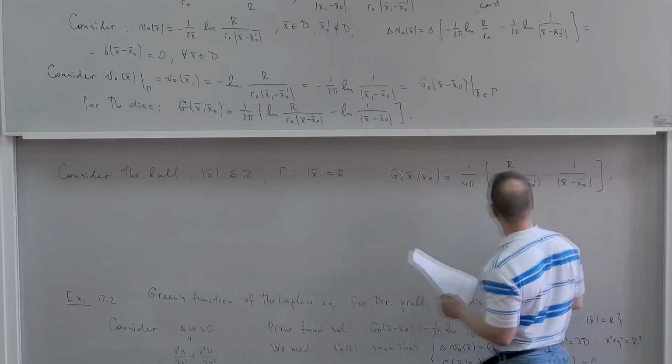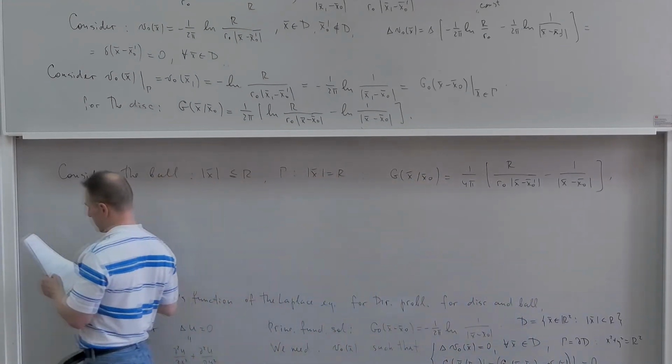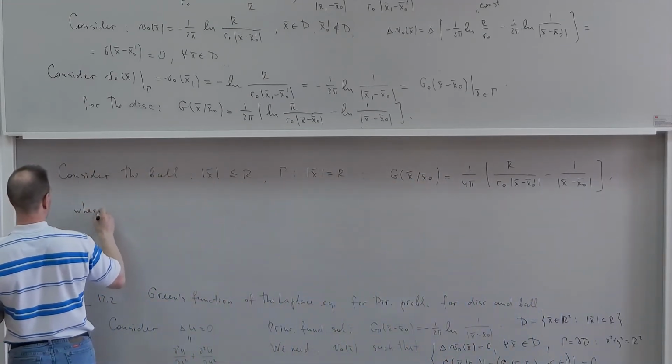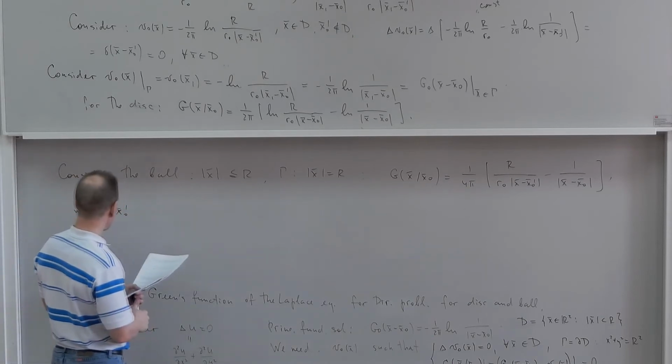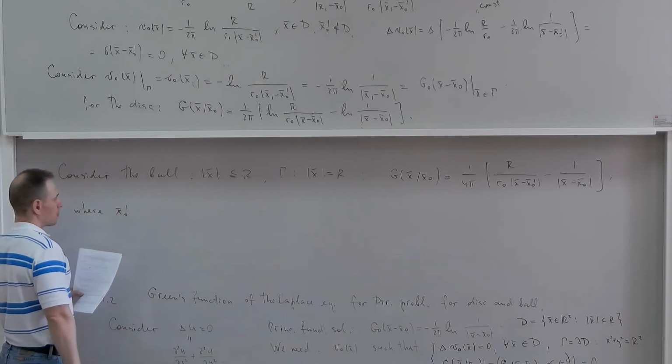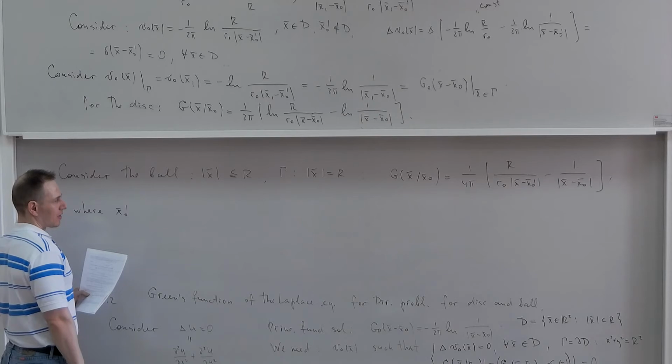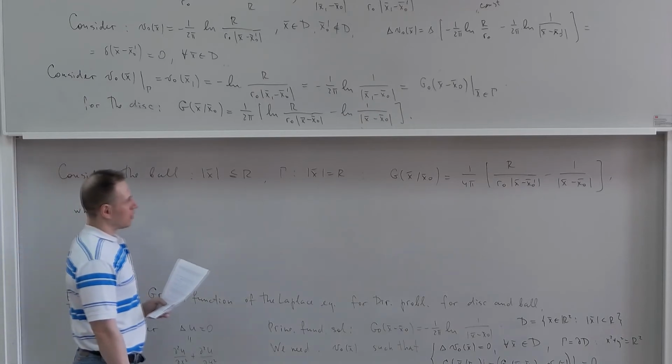Where x0 prime is a point symmetric to the point x0 with respect to the sphere gamma.